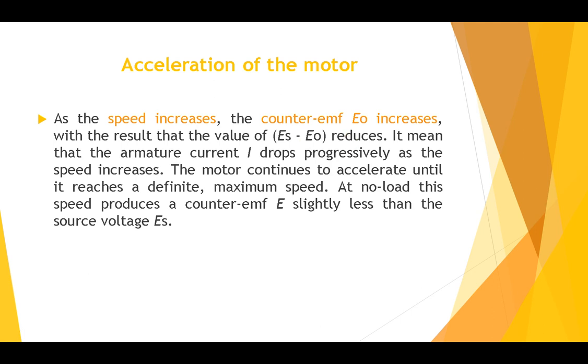When the supply voltage is, let's suppose, 200 volts, and by increasing the speed the value of E naught increases, suppose E naught becomes 180, so the resultant voltage will be 20 volts, meaning the ES minus E naught value reduces. It means that the armature current I drops progressively as the speed increases, and when the voltage decreases, the current in the armature also decreases.